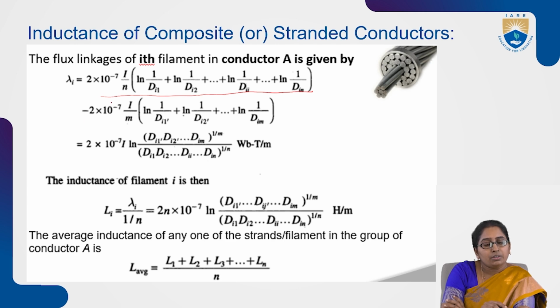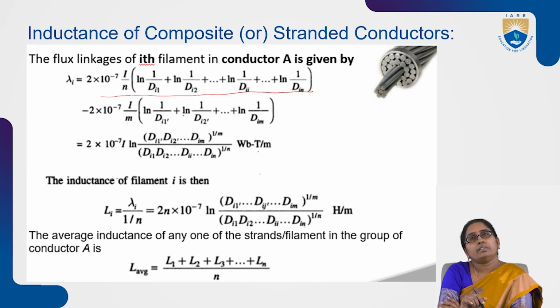That's the continuation of the expression: minus 2 into 10 power minus 7, current in each filament of the conductor B is I by M. So into log of, first in brackets, first one is conductor 1 dash, filament 1 dash. So log of 1 by d I1 dash. Next log of 1 by d I2 dash, and so on. Okay, the last element here is m. So log of 1 by d Im.